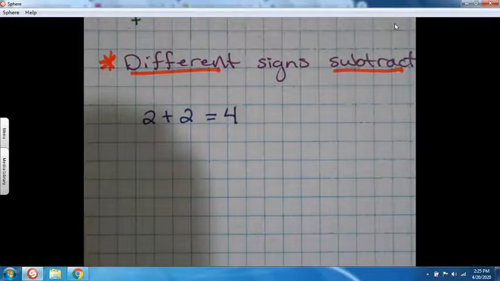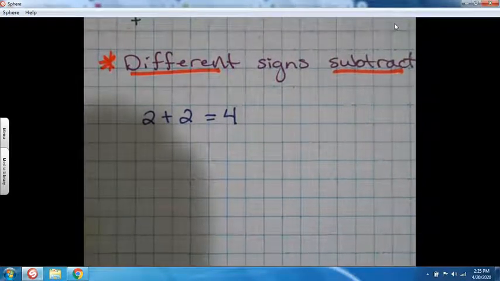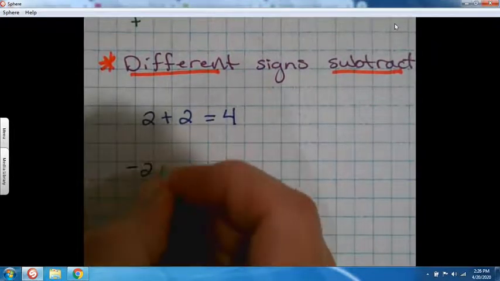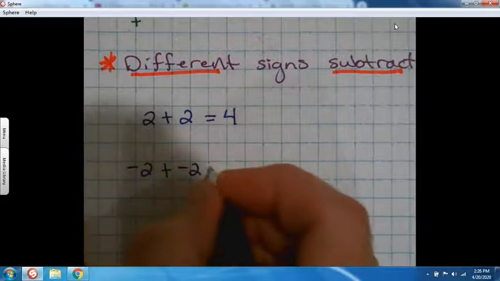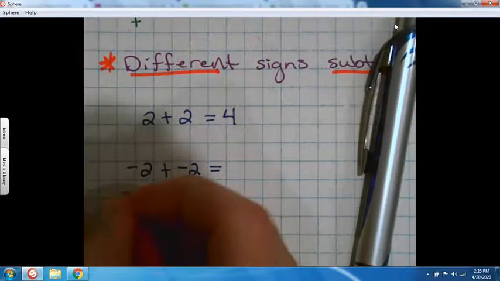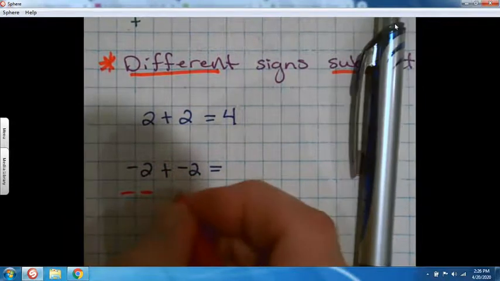And you can draw the picture for this, and we'll draw the picture for the next one. Okay? So let's do negative 2 plus negative 2. Let's draw our signs here. So I've got 2 negatives plus 2 more negatives.